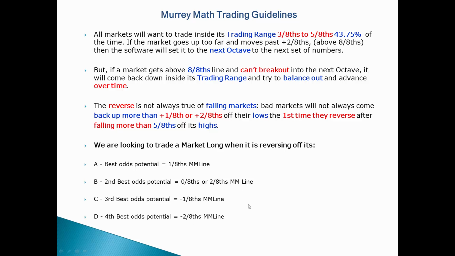Market is really, quote unquote, overbought or oversold, and there's a pretty good percentage that the market's going to snap back. It's like stretching a rubber band. It's either going to break and go into the next octave, and the whole octaves will shift down or up to the next level, or it's going to reverse back, and these usually offer some very good potential.